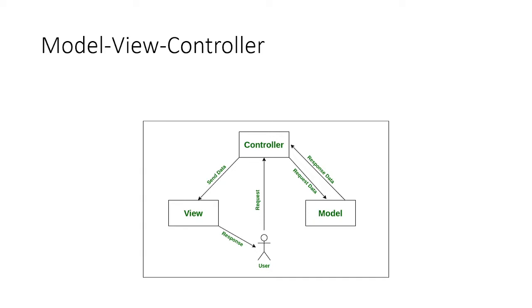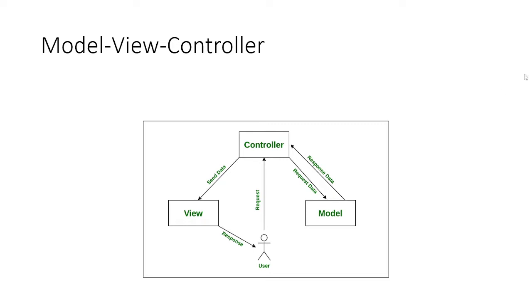The controller will decide which data it needs to request from the model, and then the model will return the data requested by the controller. Then the controller will send the data collected from the model to the view, where the view will be rendered with the data and provided to the user as a response. In the simplest way, this is a common application flow for websites built using an MVC framework.